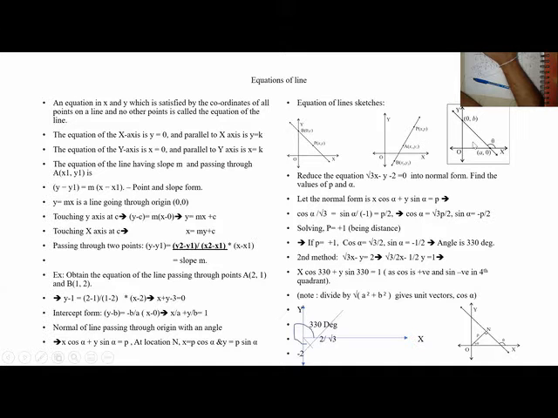This is intercept form. X by a plus y by b is equal to 1. What is theta here? Minus b by a is the tan theta. Why is it minus? Because as x-axis is going, y is reducing, so m is minus.